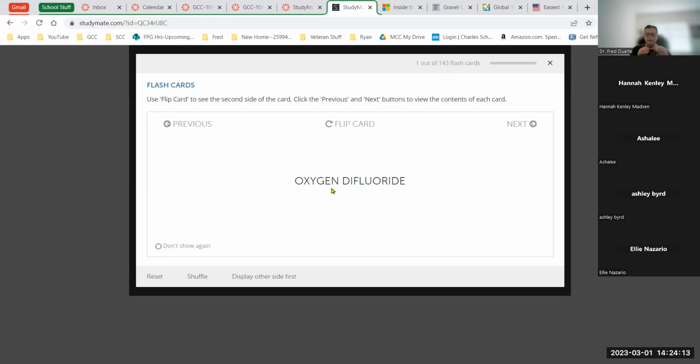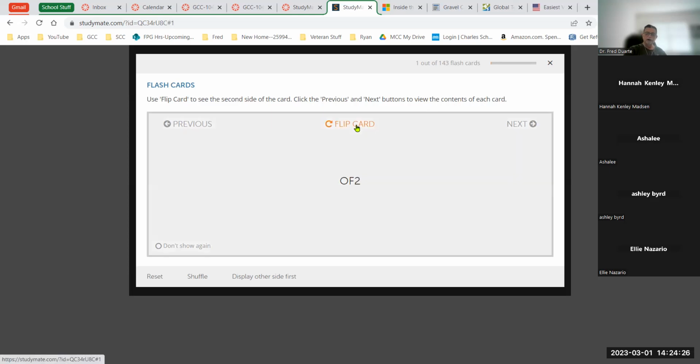So you have the name oxygen difluoride, and it's asking you to give the formula. You write the formula out, then to check it, you flip the card, and there you go. There's the formula for oxygen difluoride. Keep in mind that this program doesn't support subscript, so you'll see OF2, that should be a subscript too. Okay, then you can go on to the next one.